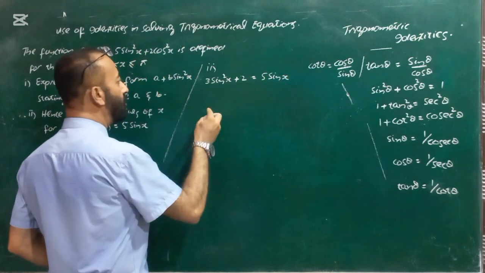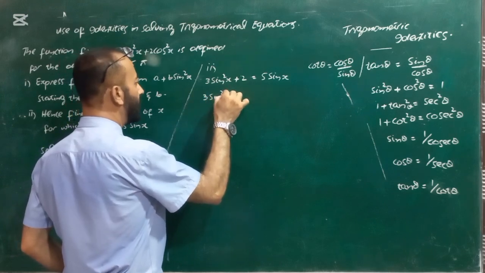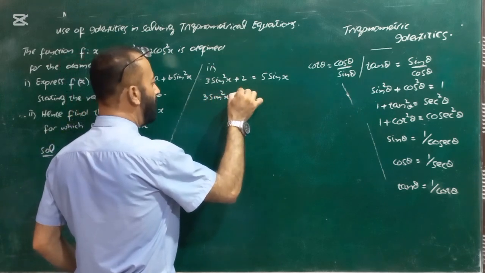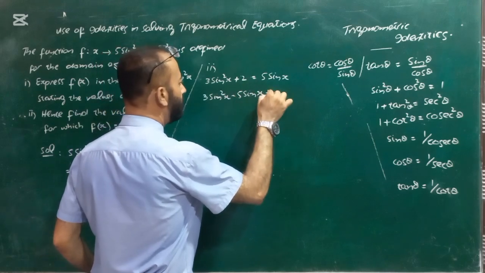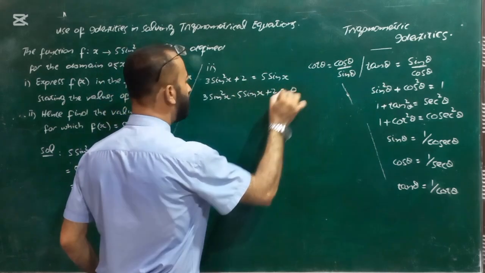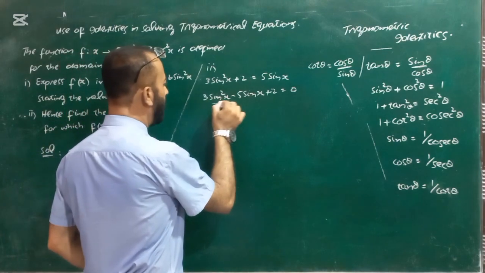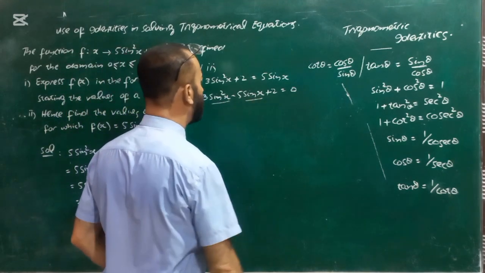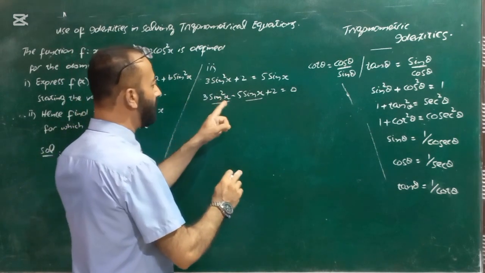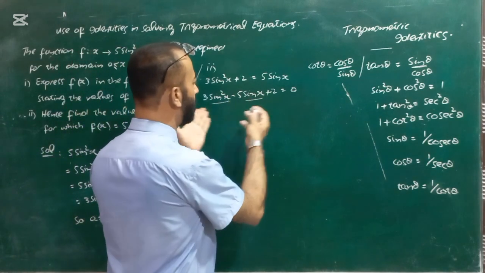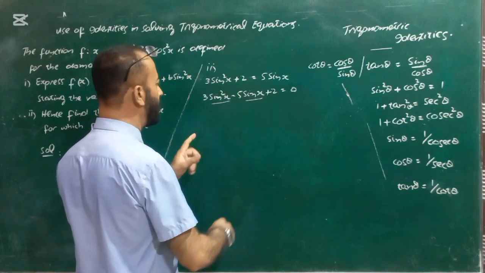Okay, this factor will come to the left hand side. So 3 sine square x minus 5 sine x plus 2 equal to 0. So this is a quadratic equation now. Think this sine as x square, this sine as x. So this is actually 3x square minus 5x plus 2. This is a quadratic equation. So we are going to solve this equation through factorization method.